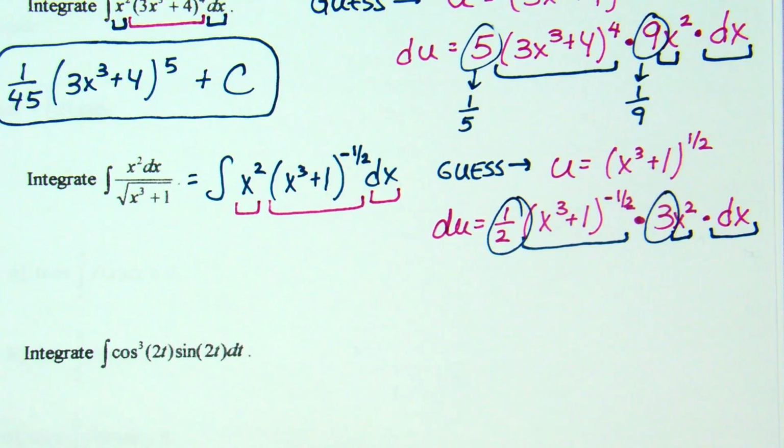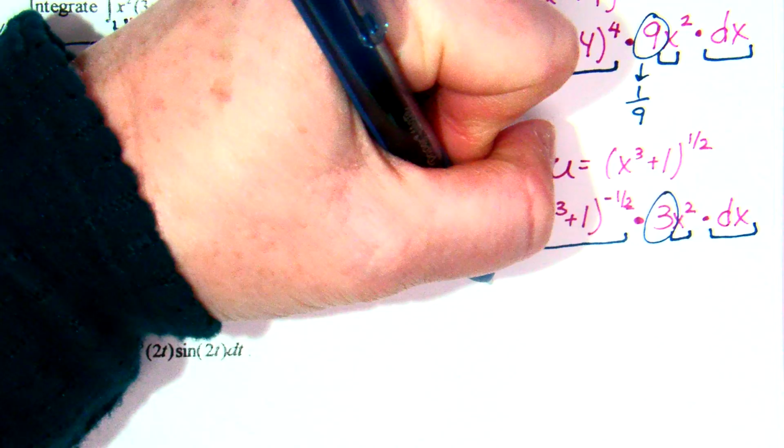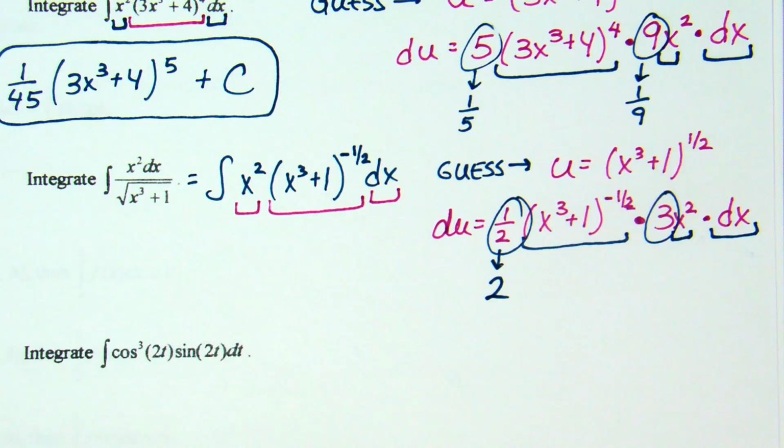Some of you only have to accommodate for the 3, right? How do we accommodate for a 1/2? You need a whole number of 2 out front, yes? In other words, basically the reciprocal, right? How do we accommodate for a 3? A 1/3.